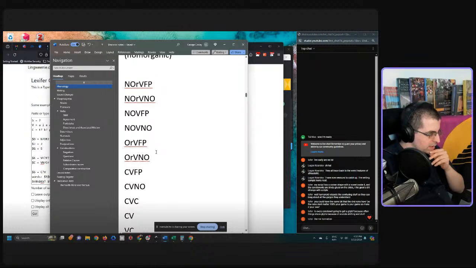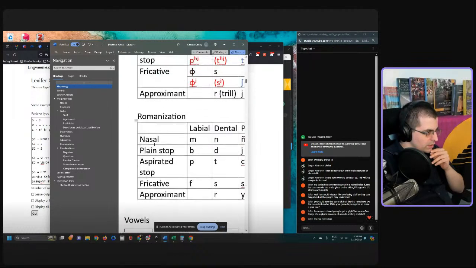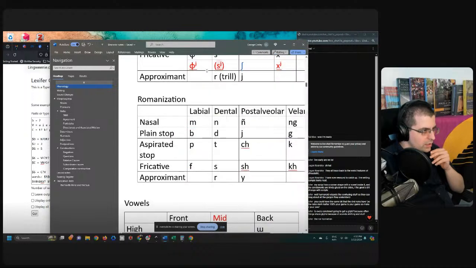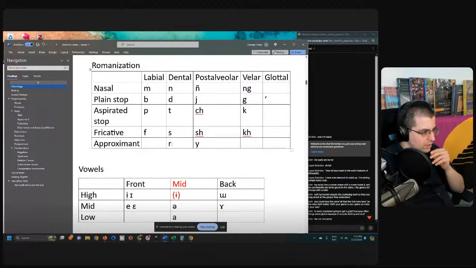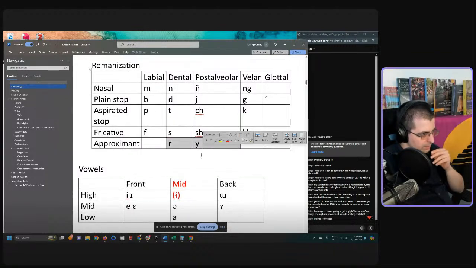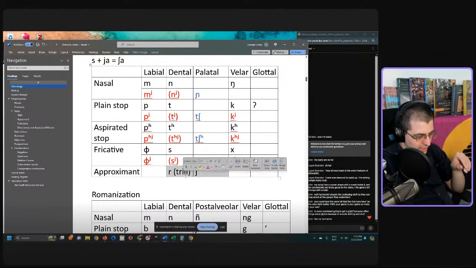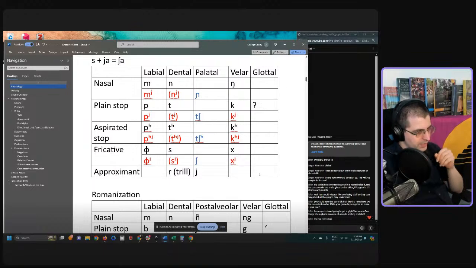And if we go back up here, so like ra and ya, ra and ya do not need to be on their own. And the glottal stop does not need to be on its own.